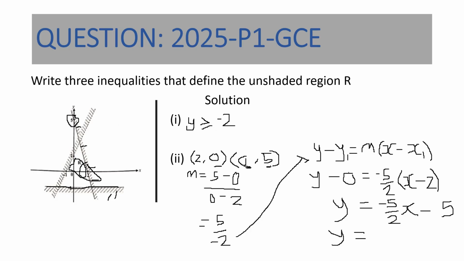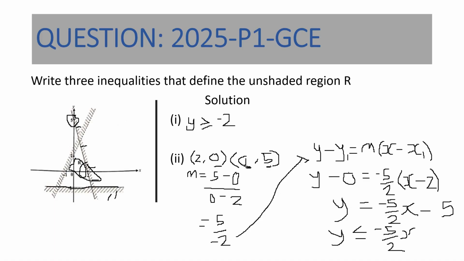So our final answer will be less than or equal to negative 5 over 2 x.